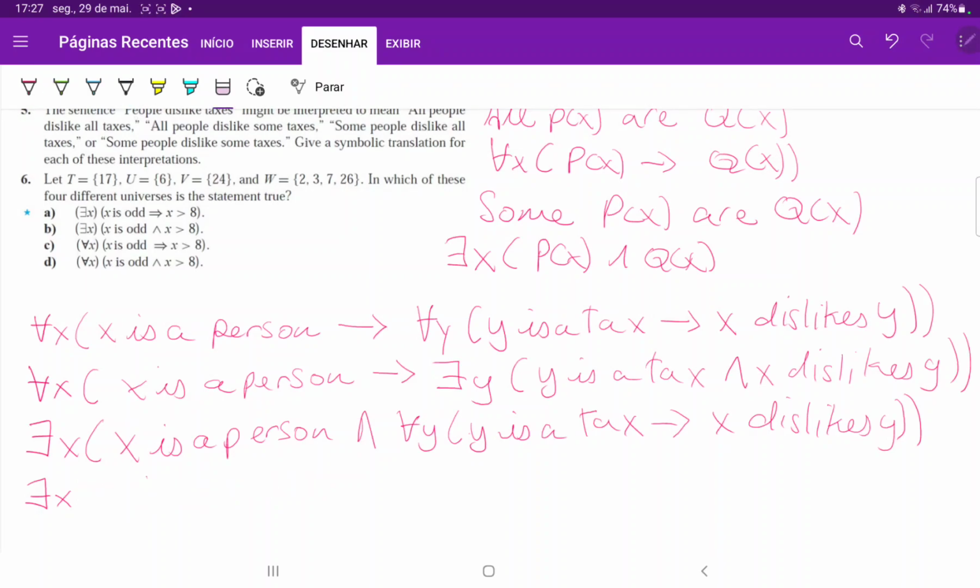So let me put this outside. There exists an x and there exists a y such that x is a person and y is a tax and x dislikes y.